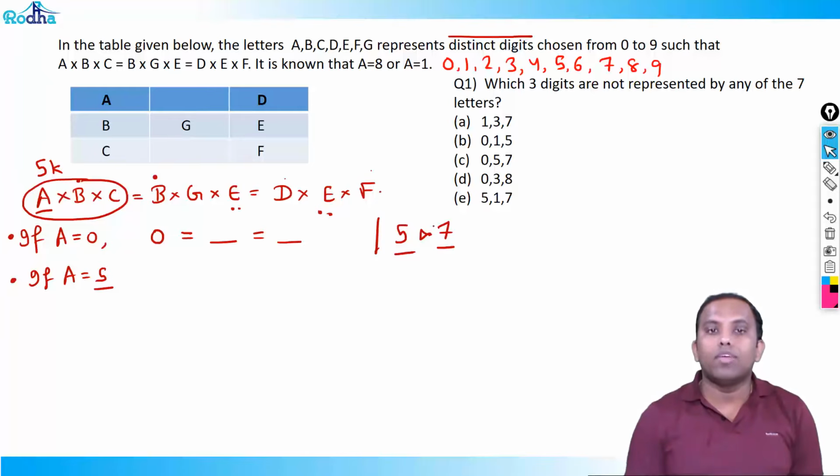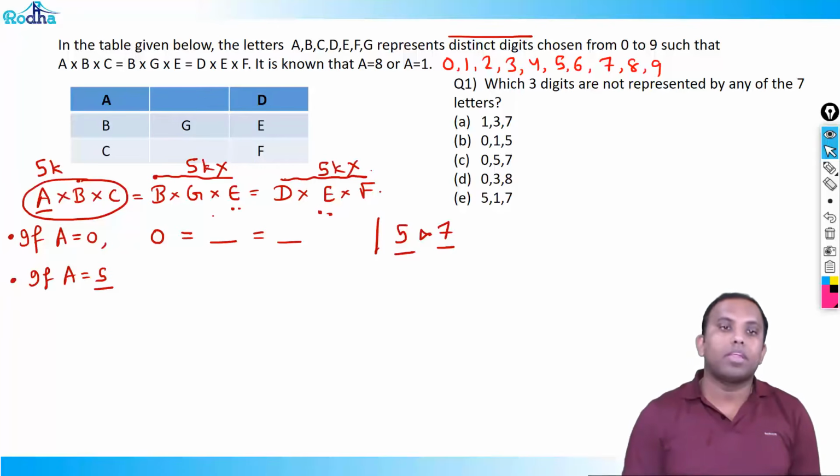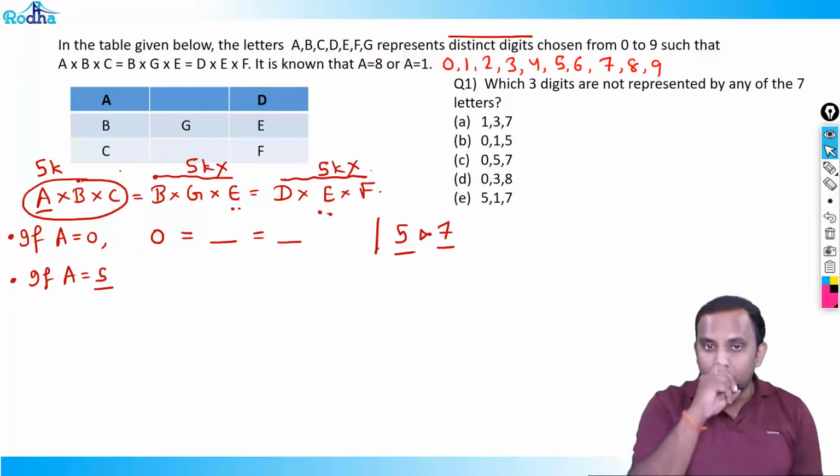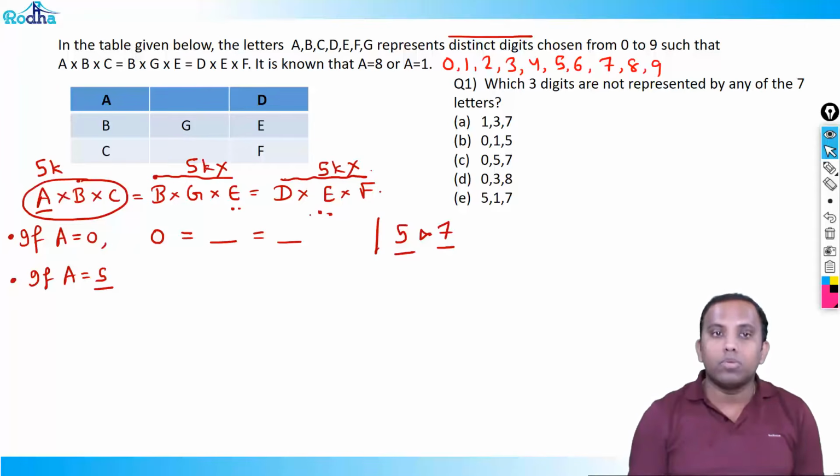But since we have only one 5, the second group and third group cannot be multiples of 5. So if any of these is 5, it is not possible, because for it to work, 5 has to occur in all 3 terms.